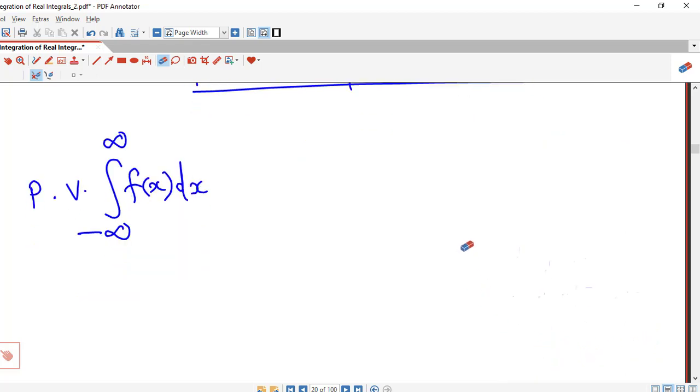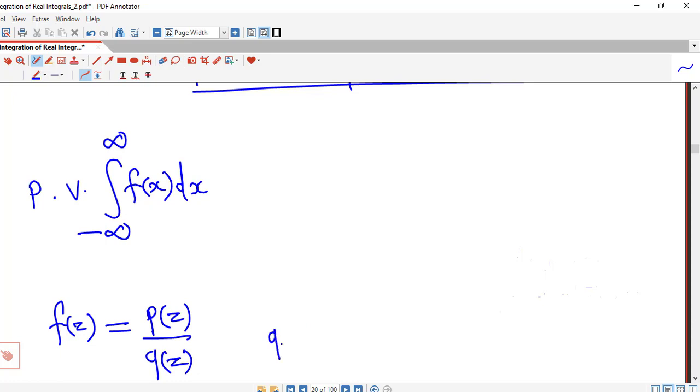For that, first we write down the corresponding complex function and we find out the values of z for which q(z) equal to 0, which are on the real axis.